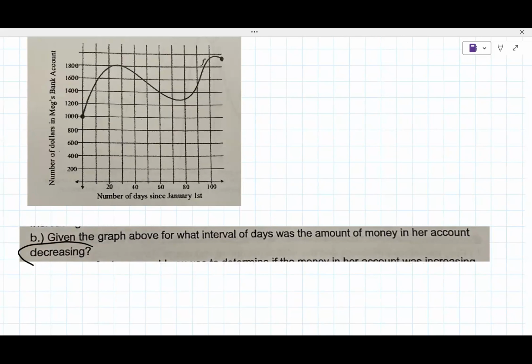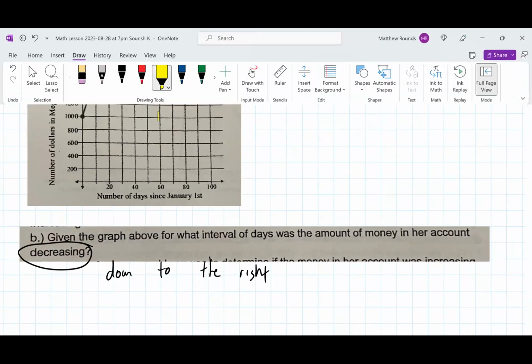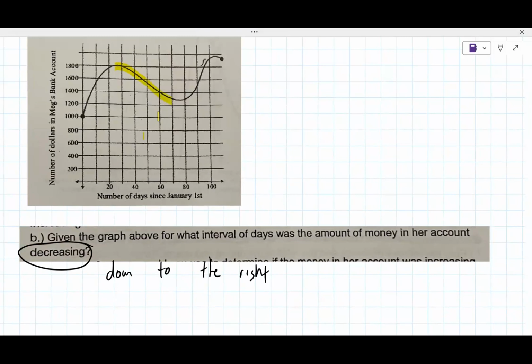So decreasing means it's going down and to the right. Right, so I'm going to highlight that here. This is the region where it's decreasing. And just like before, we want to use those x values. Do you see that it's decreasing?